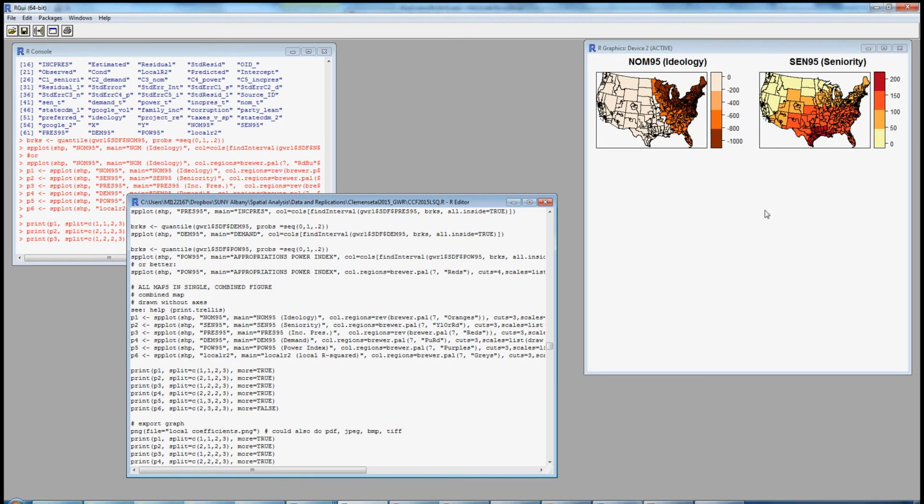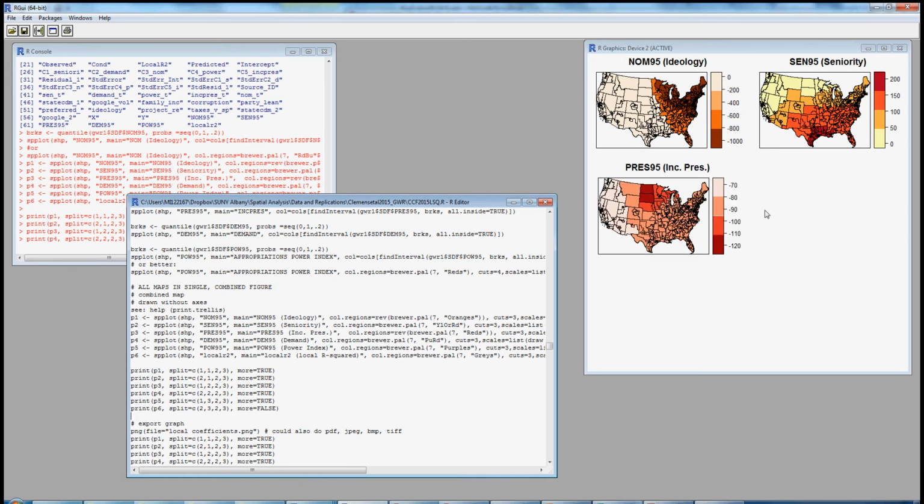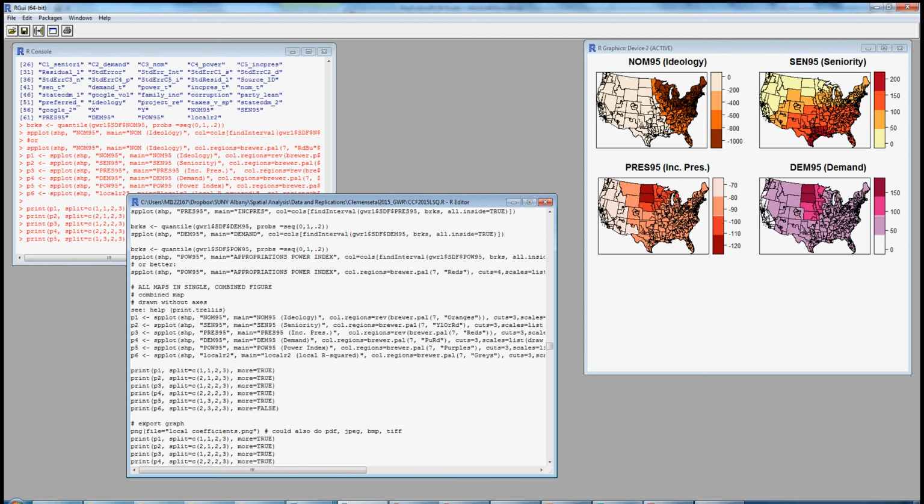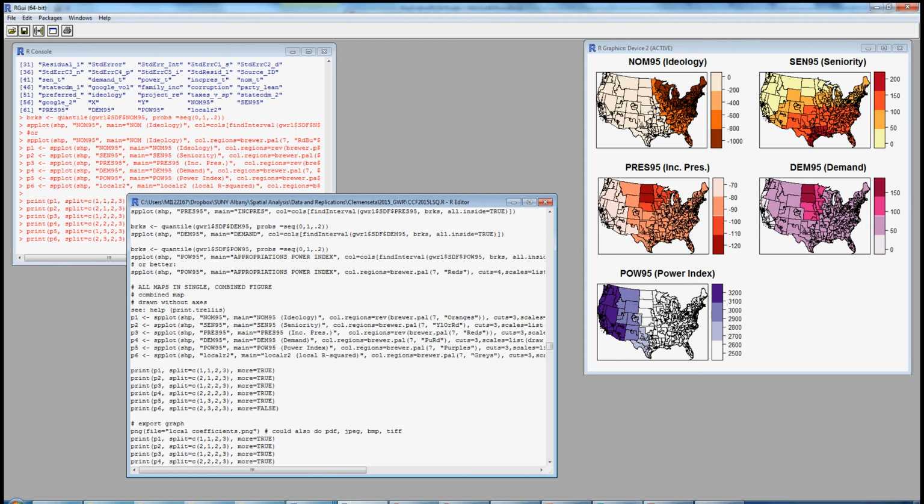Then we have our seniority plot in another color palette, showing the non-significant ones in the northwestern and in the northern part of the western United States. Then we have presidential vote, demand, the power index.